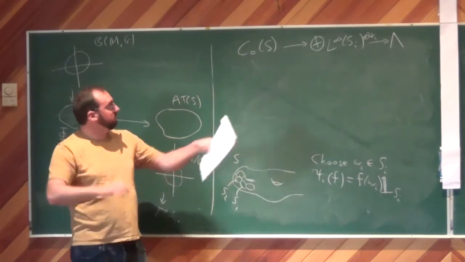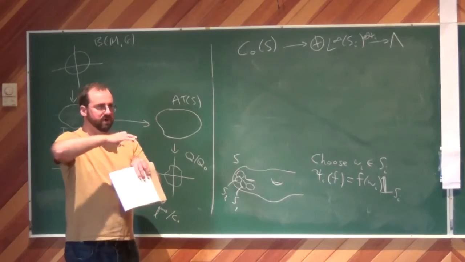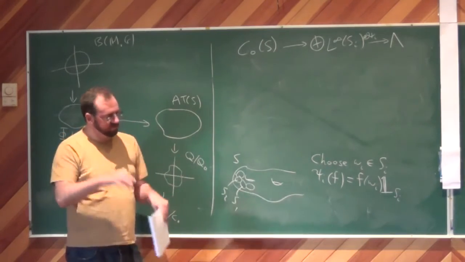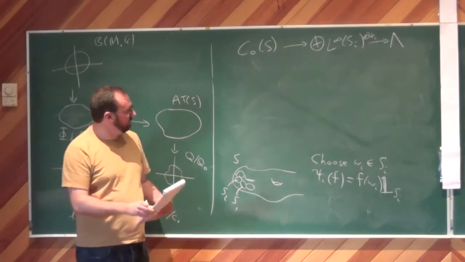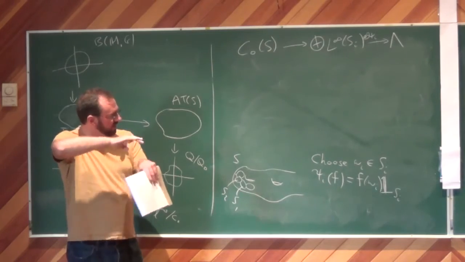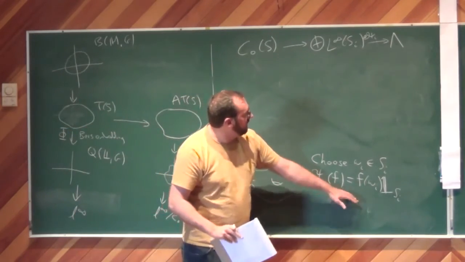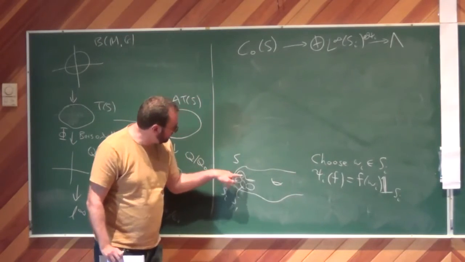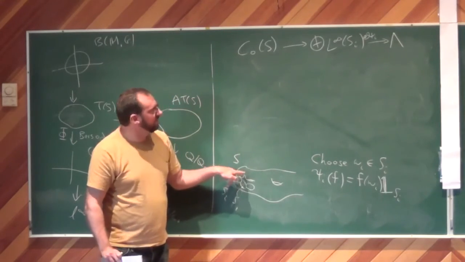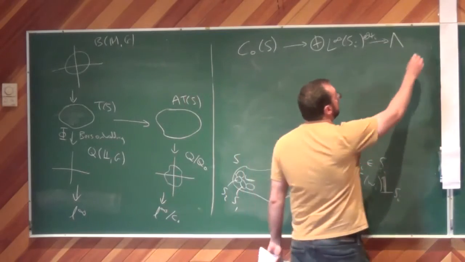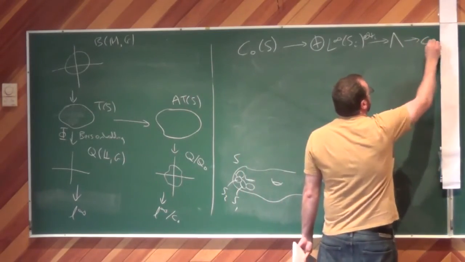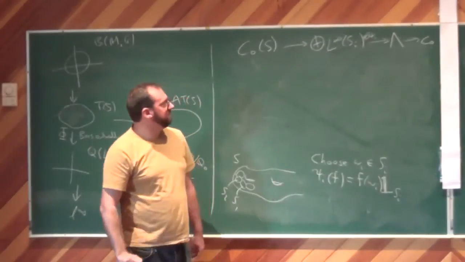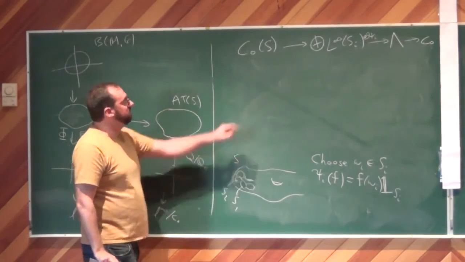So you start with a continuous function, break up into little pieces, find some little piece, and then you just smooth it out. On each of these little S_i's it's constant. So you can obviously map that isometrically into C0, the space of sequences which go to 0.